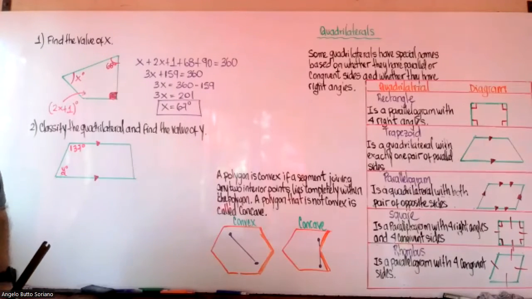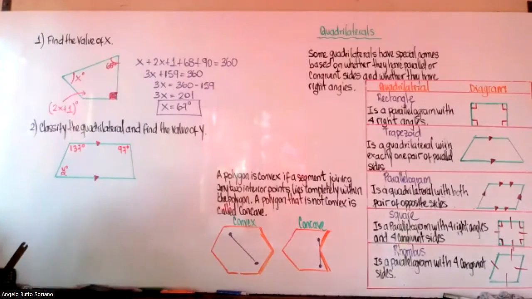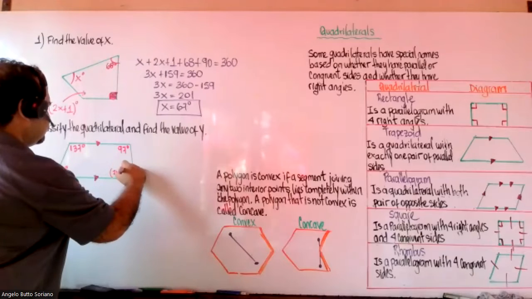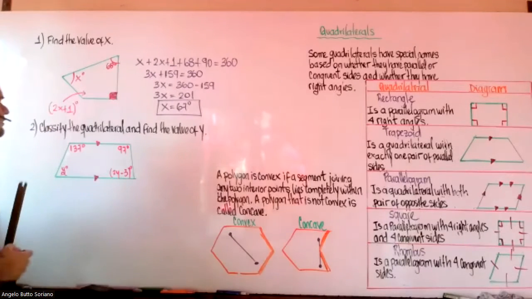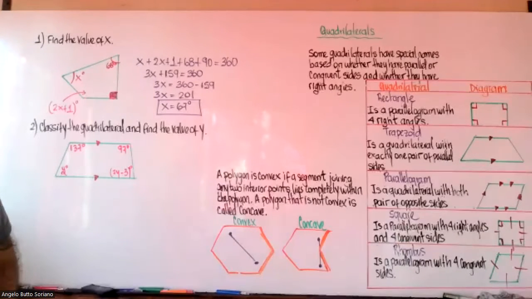The other one is 97 degrees. And the last one will be 2y minus 3 degrees. This is going to be example number 2.